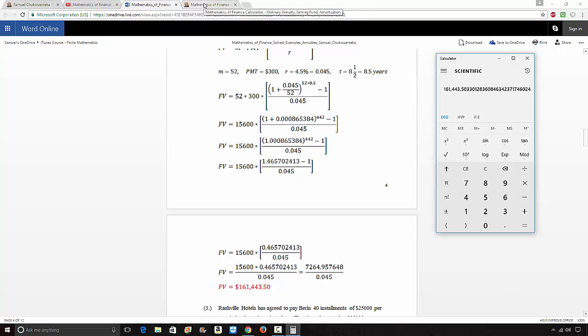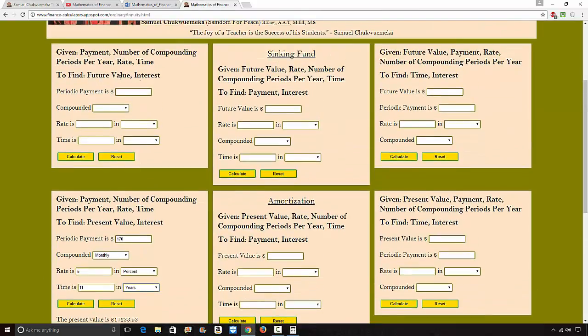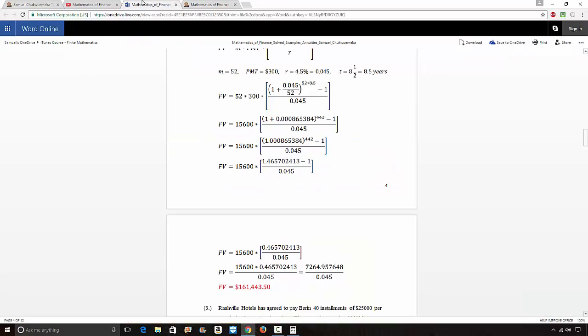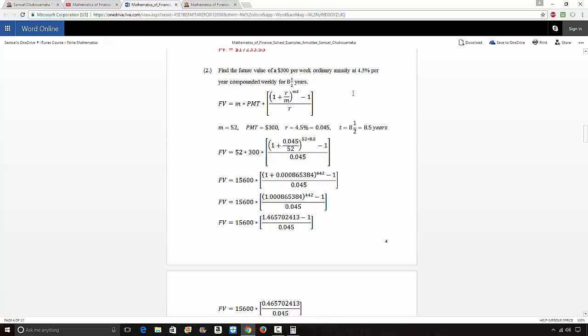So right here, we will use this one, finding the future value. So the periodic payment in this case is $300 per week, compounded weekly, 4.5% interest rate per year, and 8.5 years.